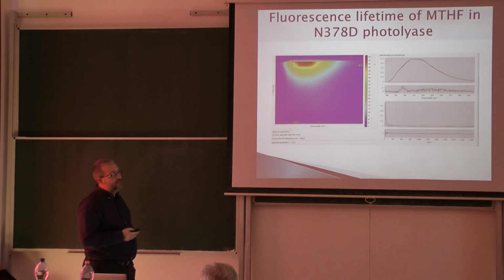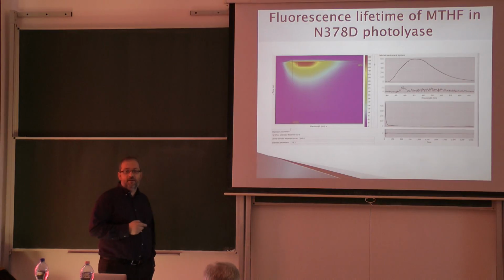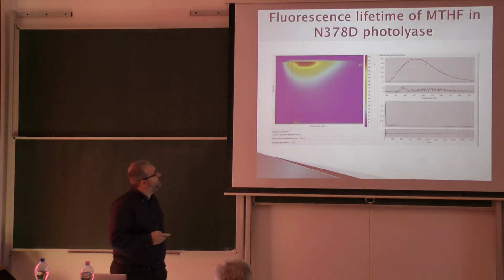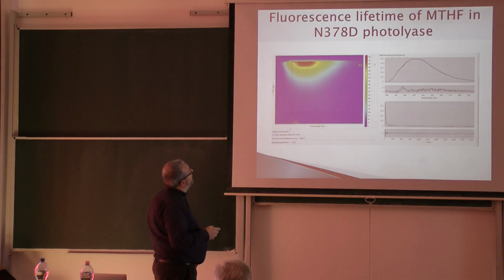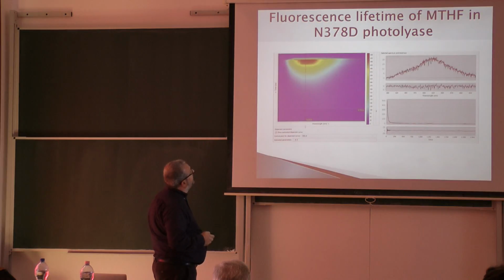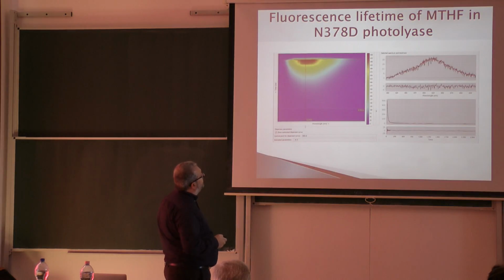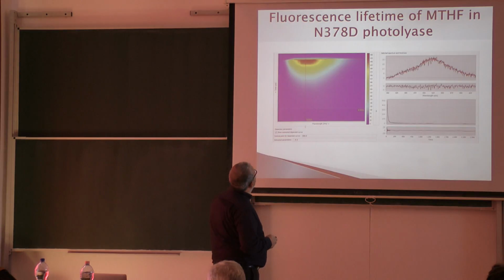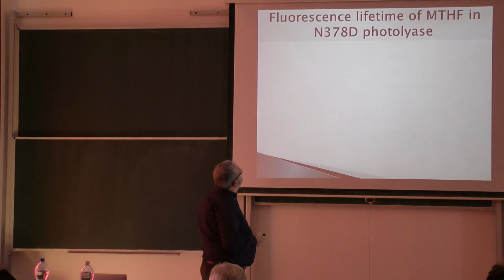The funny thing is that this happens in biology. The antenna absorbs the light and transfers its energy to the FAD inside the protein. Anyway, in this case, we are measuring the fluorescence lifetime of this antenna, and this is on a shorter time scale.